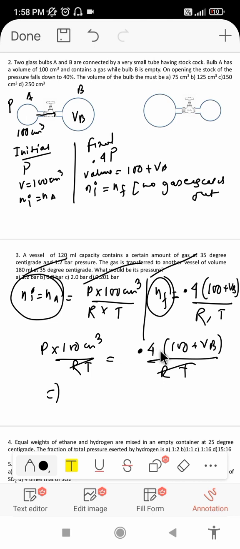Cancelling P, VB equals 100 by 0.4 minus 100 centimeter cube.